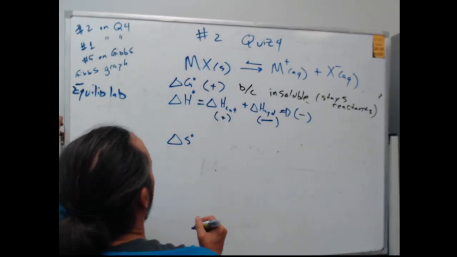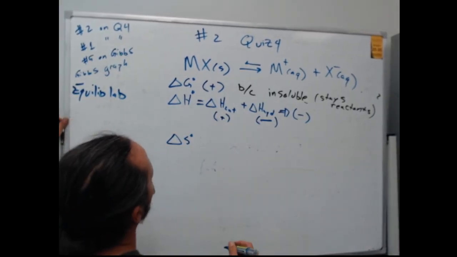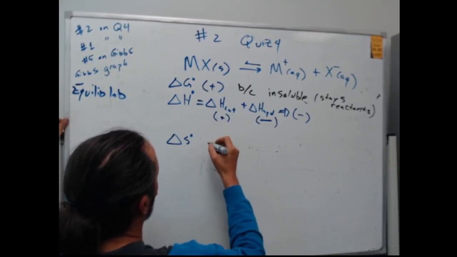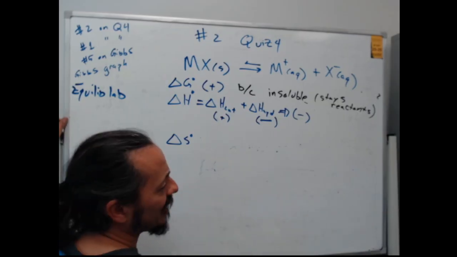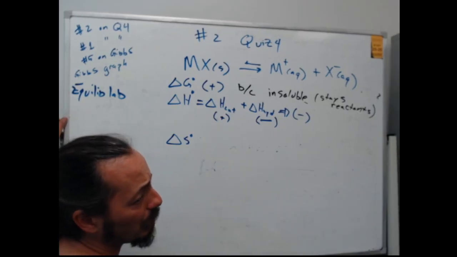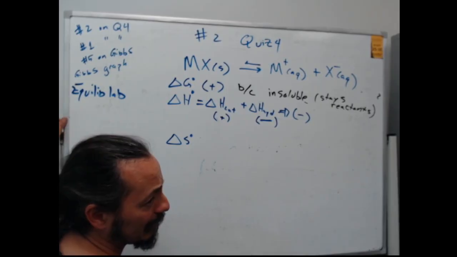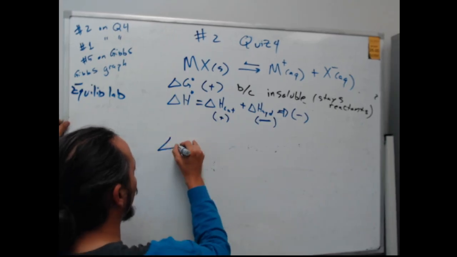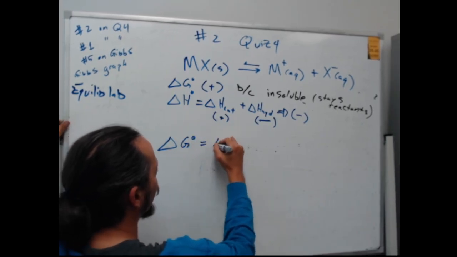Now, this is positive, this is negative. To get my delta S, I can think about it kind of 2 different ways. Let me think about this. I was thinking about writing it a completely weird way. I think that's a bad idea. I'm going to go back to the way we normally think about it, right?